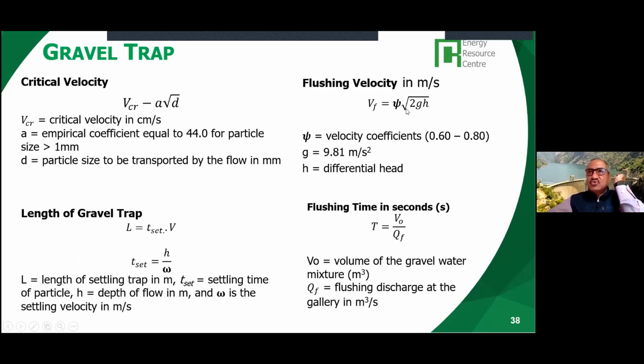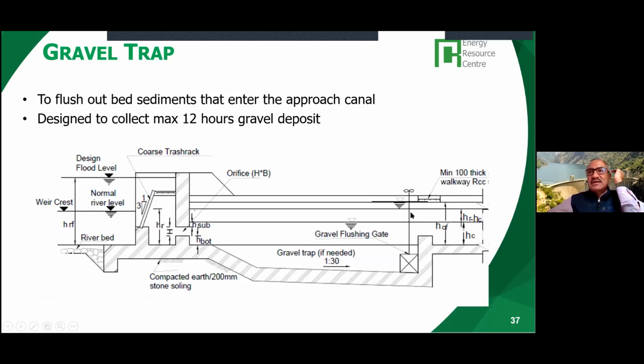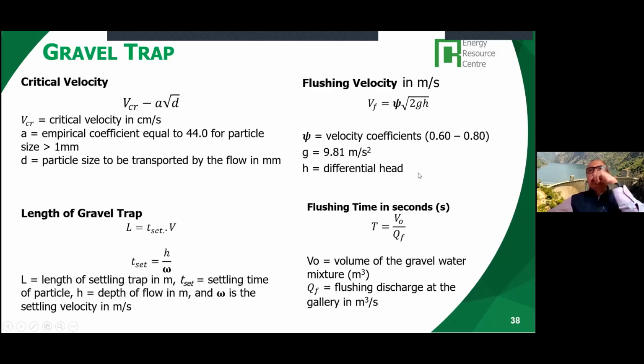The flushing velocity is calculated again using the formula phi times the root of 2gh, where the velocity coefficient phi is 0.6 to 0.8, g is the acceleration due to gravity, and h is the differential head between the upstream head and the downstream head.